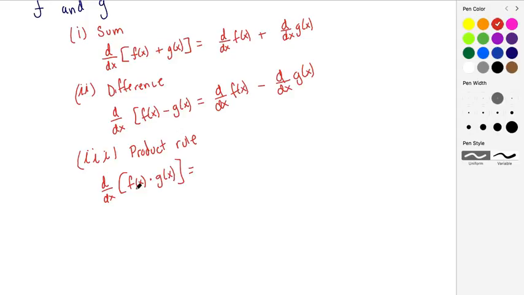The first is this function right here, f of x. So we're going to look at the derivative of the function f of x, and that is going to be multiplied times g of x, but just g of x, not the derivative of g of x. And then we add f of x times the derivative of g of x.